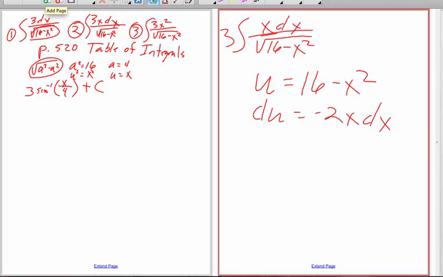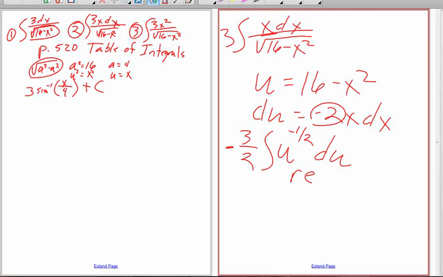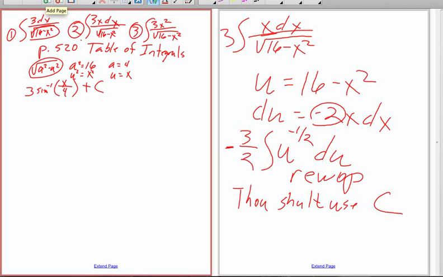So what I'm going to have then, since I've got a negative 2, is negative 3 halves times the integral of u to the negative 1 half du. And this is a power rule problem. I'm not going to work it. Remember, thou shalt use C. Put your constant of integration in. Okay, so that was nice and easy. We did this one. So now let's take a look at this puppy.